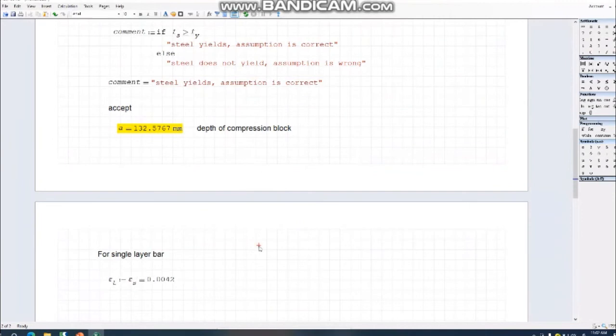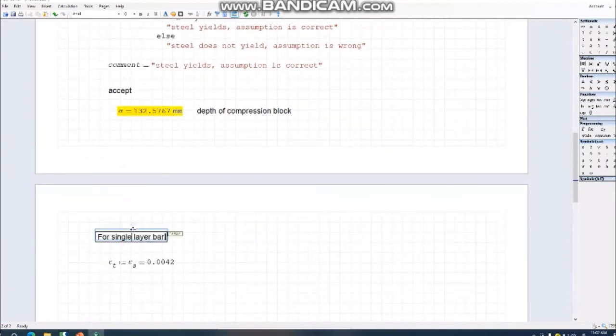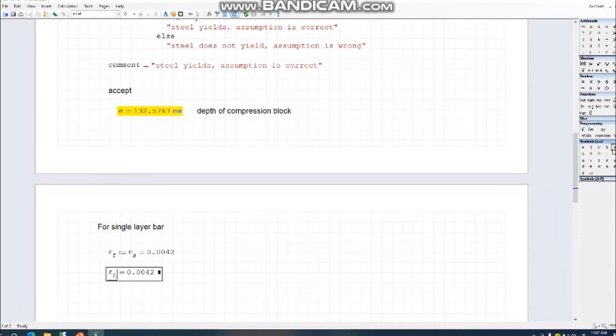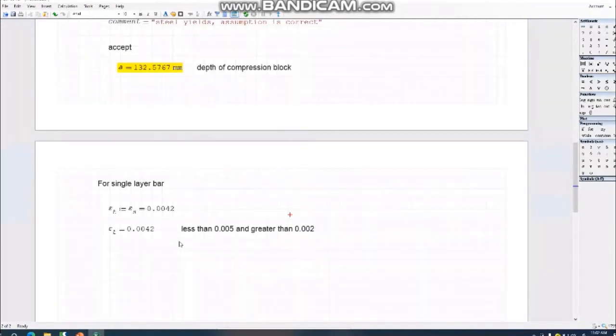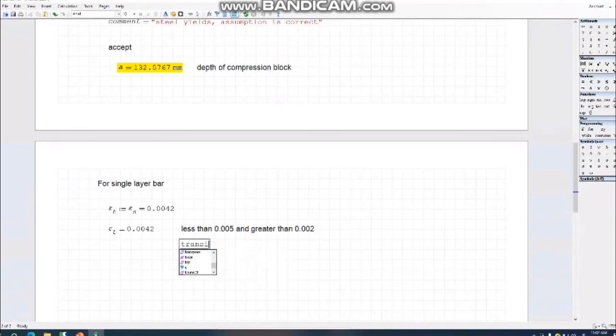But we have a problem here. Our epsilon t is less than 0.005 and greater than 0.002, so this means we are in the transition region.